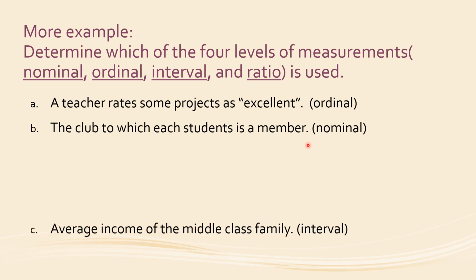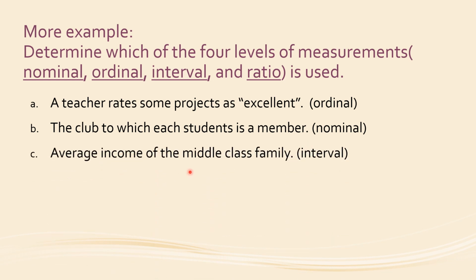That is nominal. Average income of the middle class family, of course, this is an interval level of measurement because meron siyang average. Ano bang average ng middle class family size income? And then we have the volume of water wasted, so that is ratio. Kasi na-measure na yan.